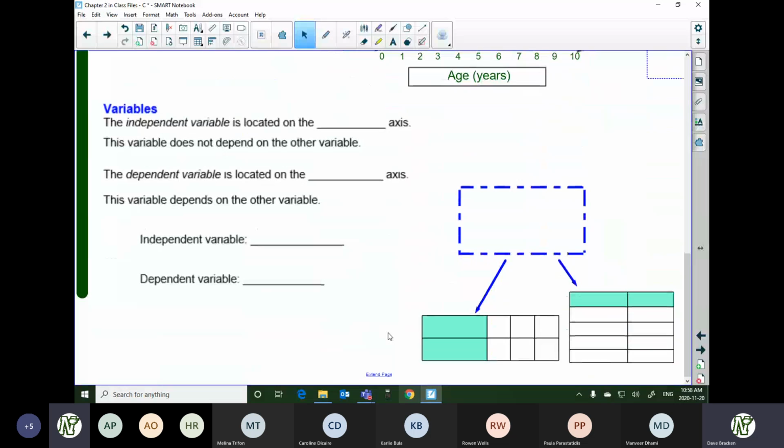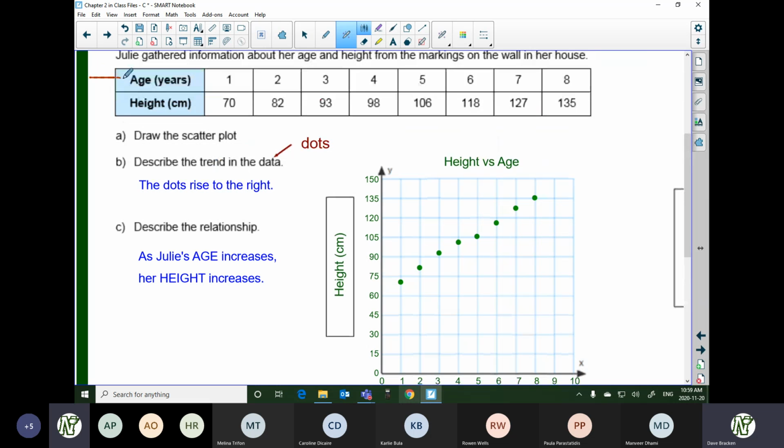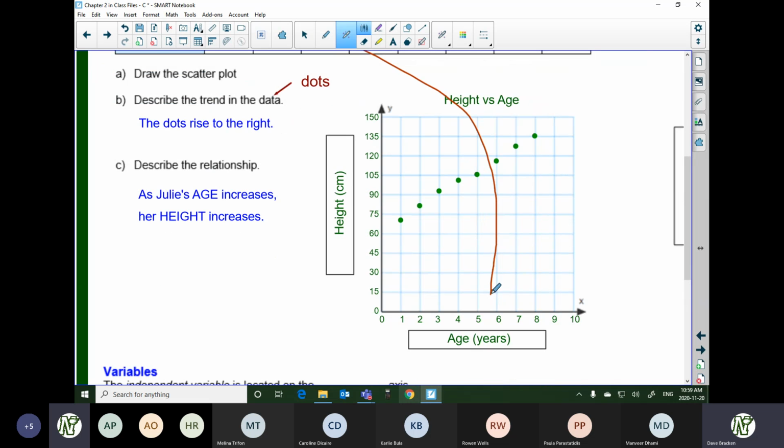All right, down to the bottom. Variables. We give a special name to the independent variable. This is your independent variable, which is always the variable on the bottom and always the first one in the name.